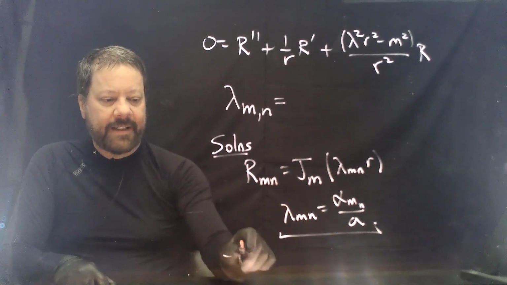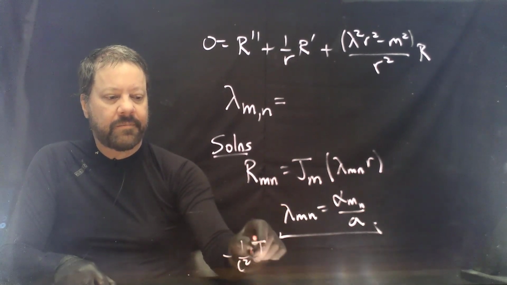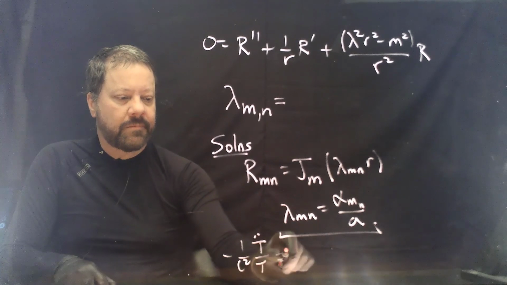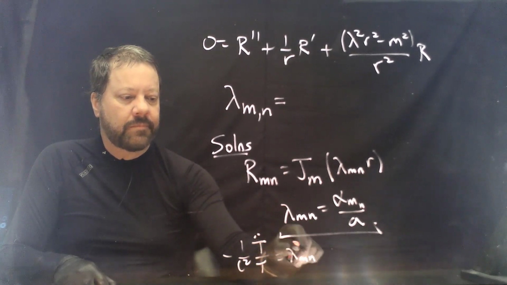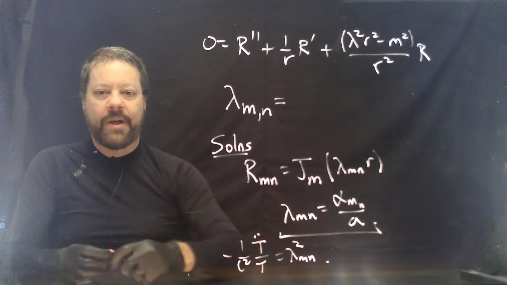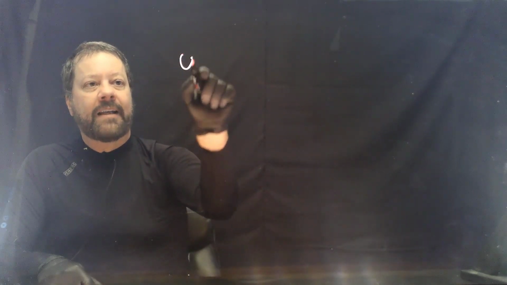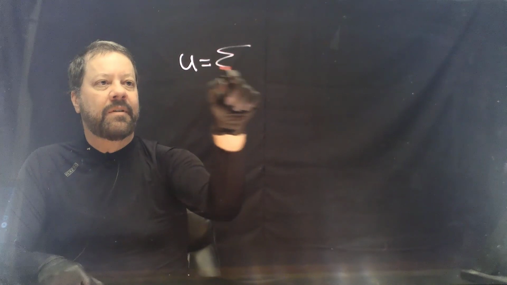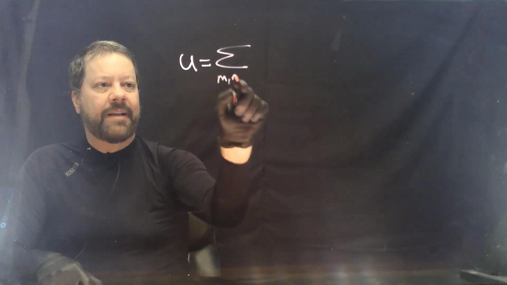These get fed back into the differential equation for T. We have finally u is the sum on m and n.